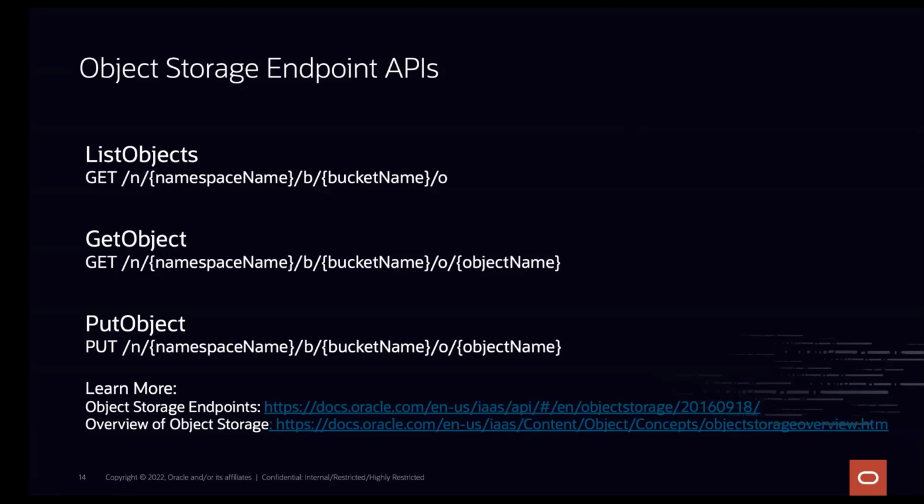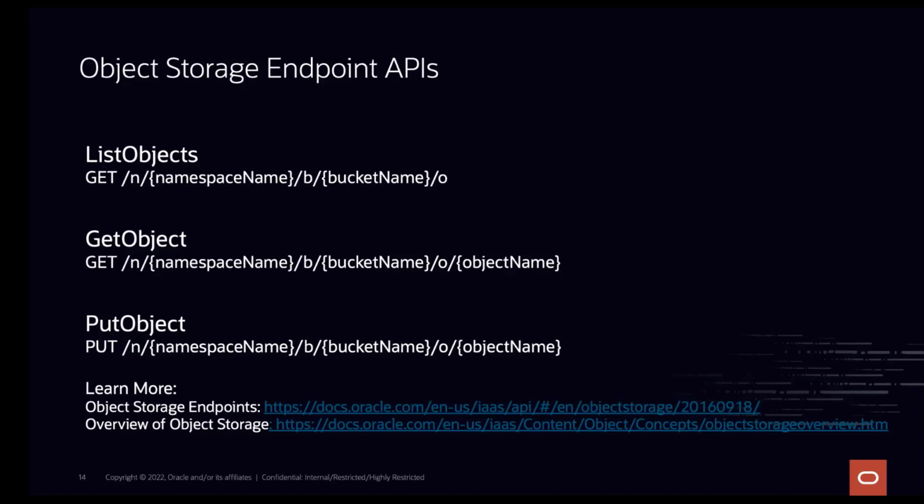And finally, you have put object, which is used to actually upload a file to object storage. We'll specify the namespace, the bucket name, and the object, and put that object into that bucket. There's more information about the object storage endpoints and an overview of object storage at these links here, which we'll probably be sharing in the chat.